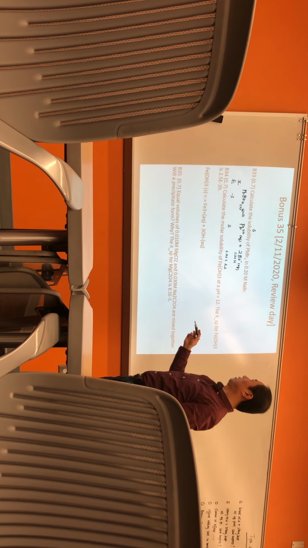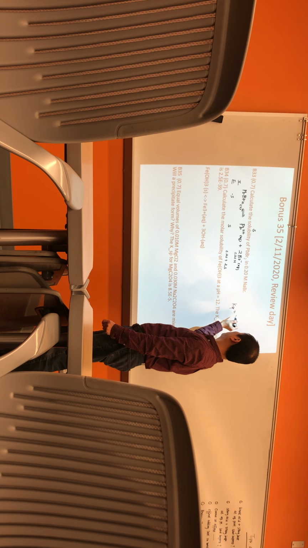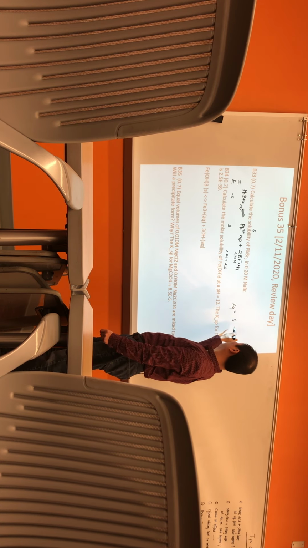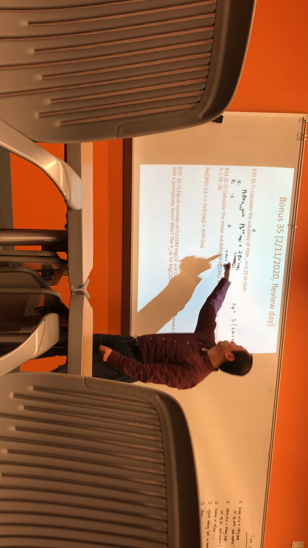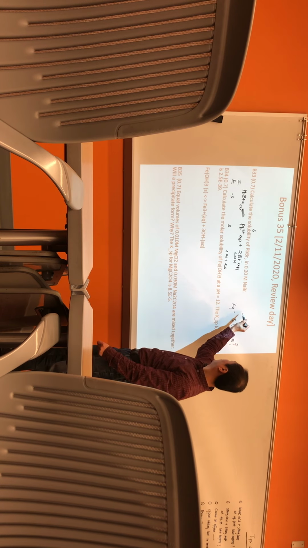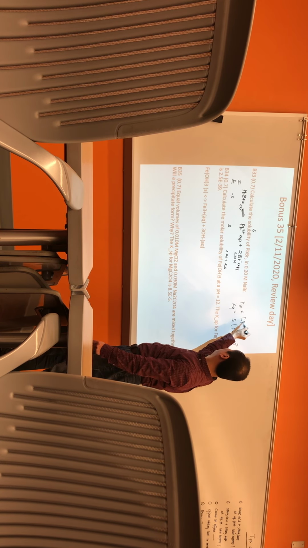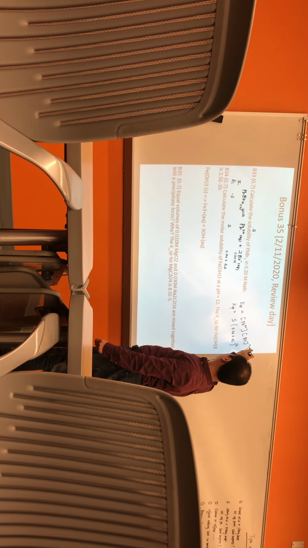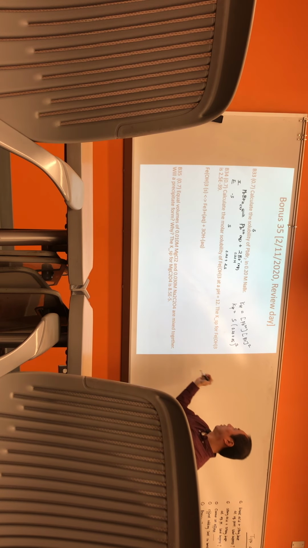So my KSP for this is S times (0.20 + 2S) squared. KSP is equal to lead times bromide squared.